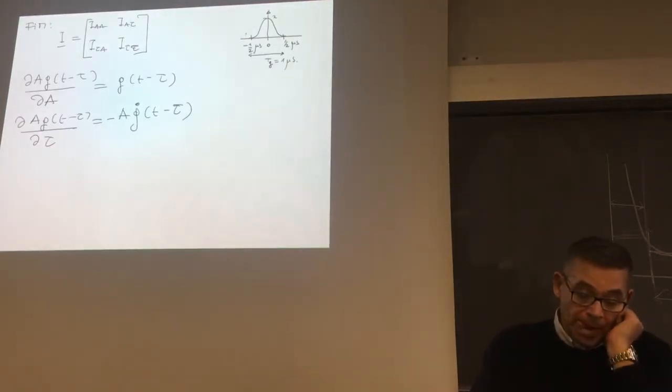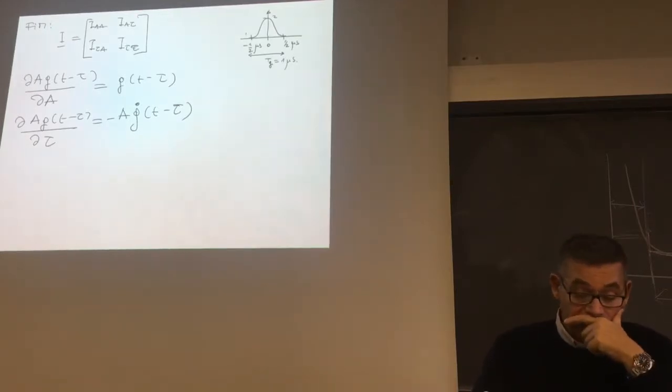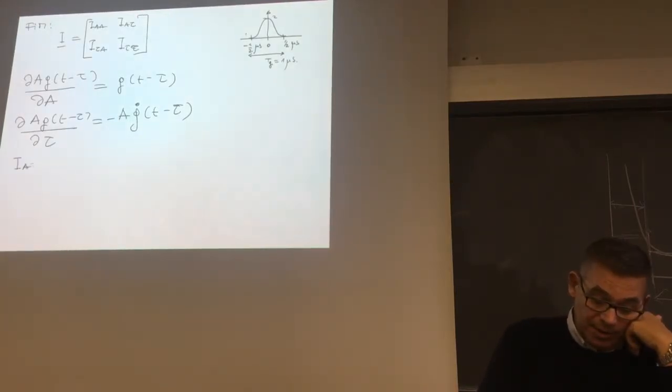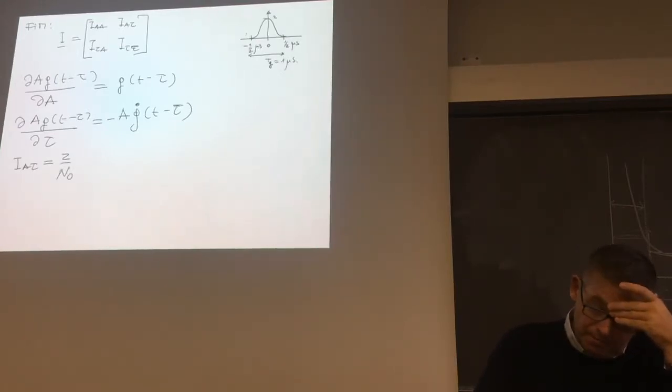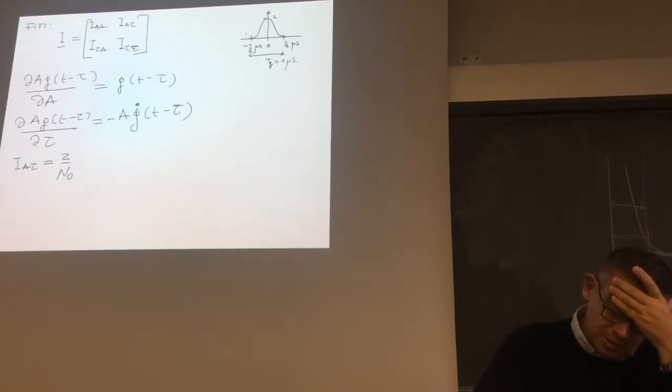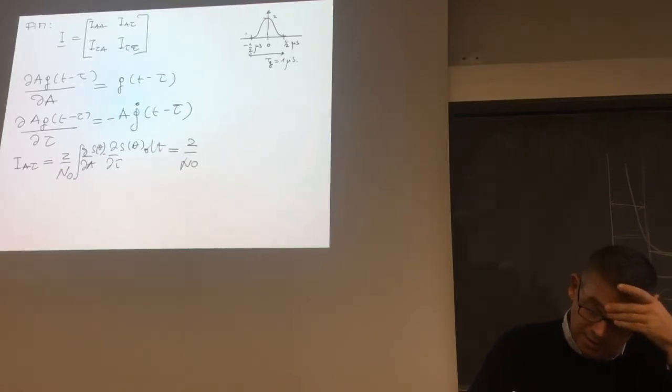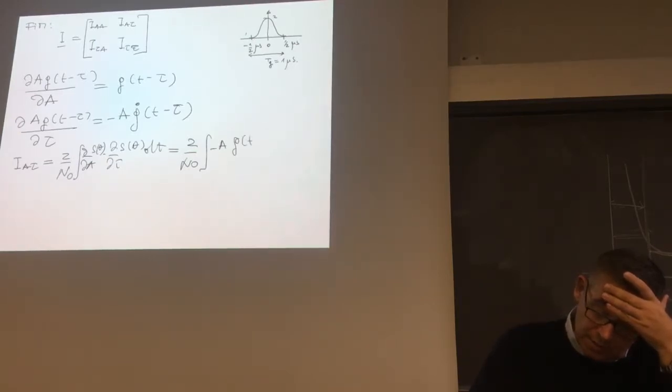Now, I know that I amplitude-tau is 0. In case I don't remember, I can calculate it. It is a combination of these two terms: the integral of the derivative with respect to a of s times the derivative with respect to tau of s, divided by sigma squared, dt, which is 2 over N0 times minus a times g of t minus tau times g prime of t minus tau dt.